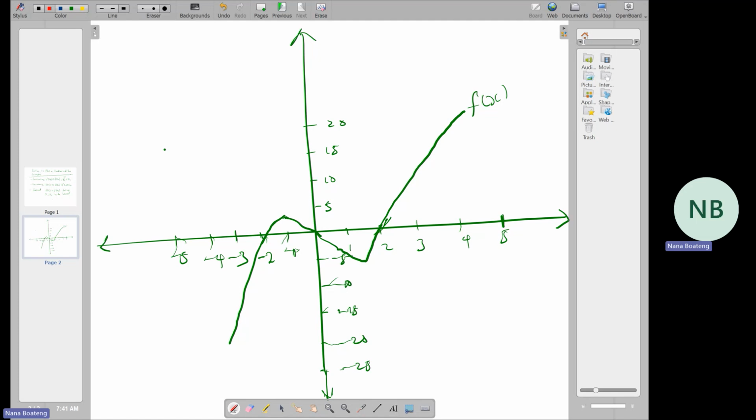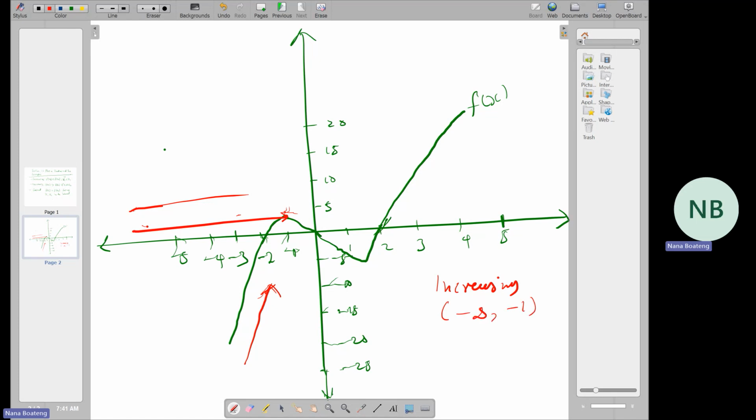So we can see that from minus infinity, right from this point up to the peak, you can see that the function is going up. Its f of x values are going up. So that means it's increasing from minus infinity to negative 1.